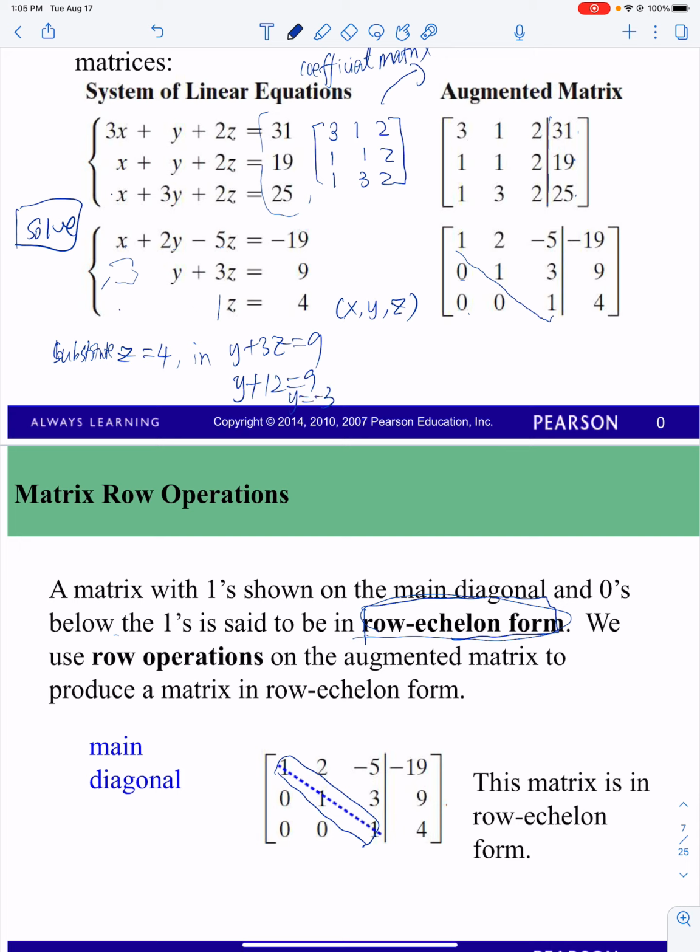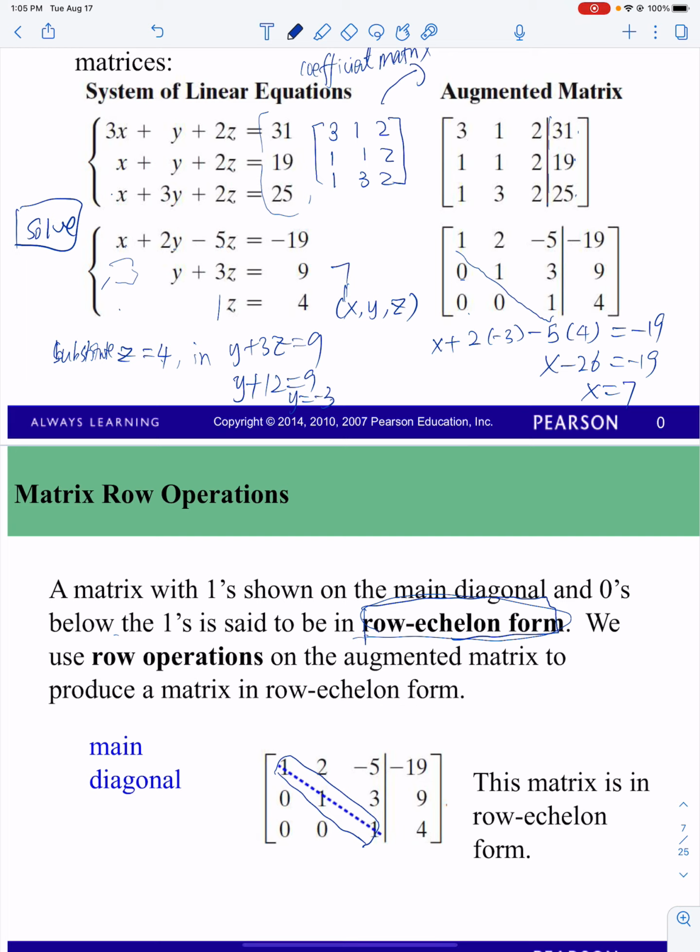And then what will you do? You substitute the y and z values into the first one. You have x plus 2(-3) minus 5(4) equals -19. So x minus 26 equals -19. So x equals what? 7.